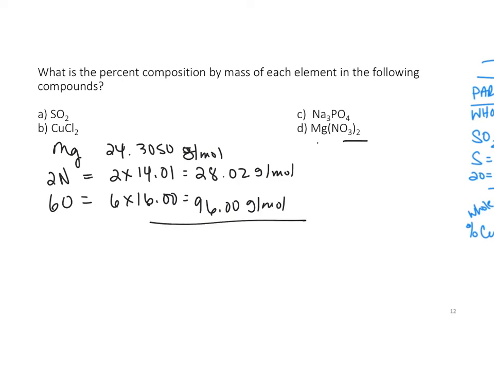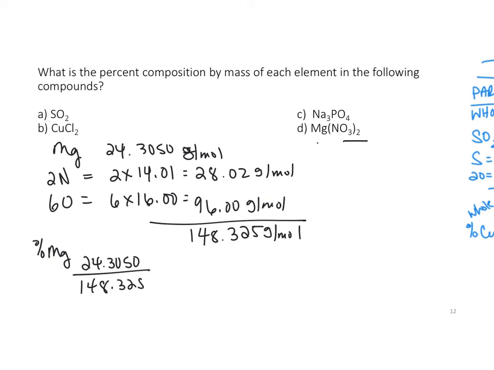We're going to add up the whole molecular formula. 24.3050 plus 28.02 plus 96, 148.325 grams per mole. And then we're going to do the part of the whole. So percent of magnesium is 24.3050 divided by 148.325 times 100%.